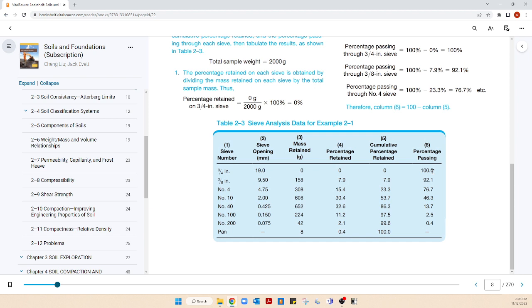So far, so good. We said 100, 92.1, 76.7. And if you go down through here and do this like 53.7, 100 minus 53.7, 46.3. Now, when you get through, you should have 100% right here. If you don't, you need to go back and check yourself.